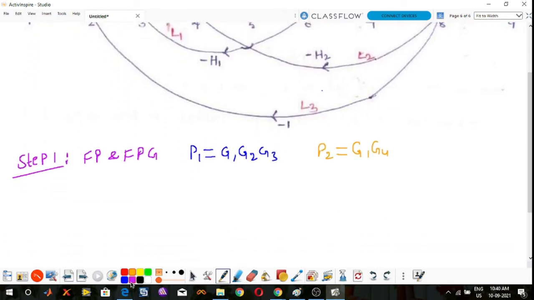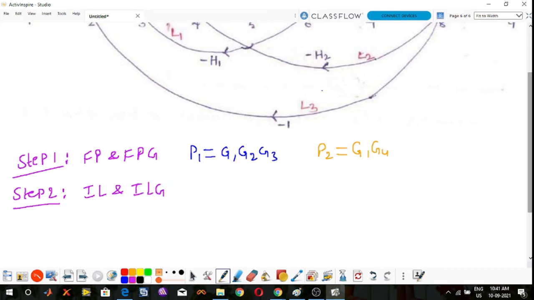Next, second step, identify the individual loops and individual loop gains. Step 2, to determine individual loops and individual loop gains.